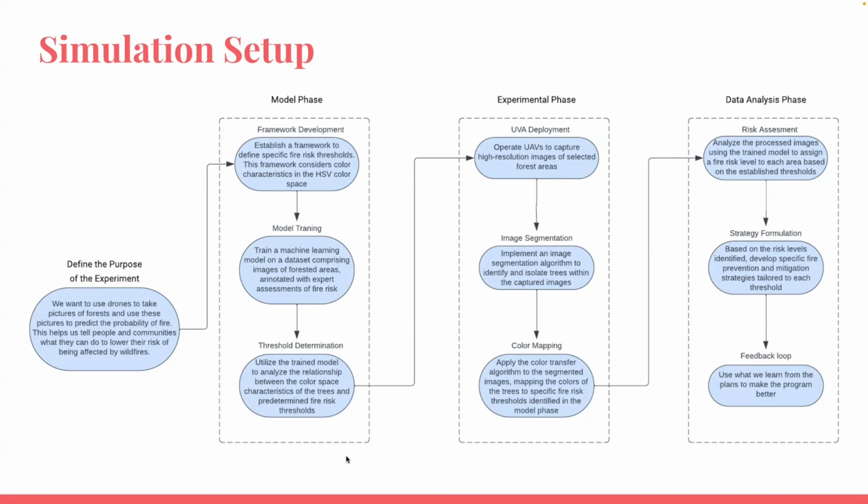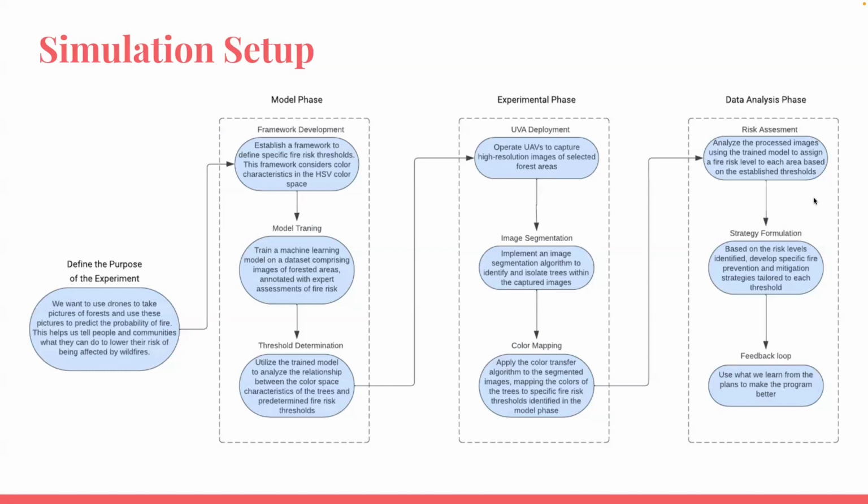The first thing we do is the UAV development. After that, we do the image segmentation. After that, we do the color mapping, which converts RGB to HSV. After we get the result, we use the color mapping as well as the threshold, and the F1 score, recall, and precision as metrics in the UNet model.